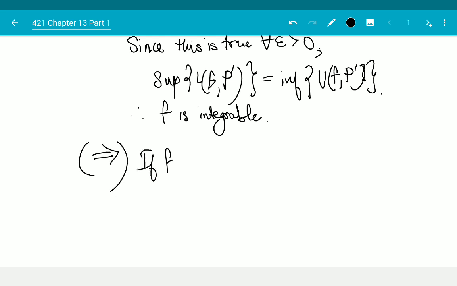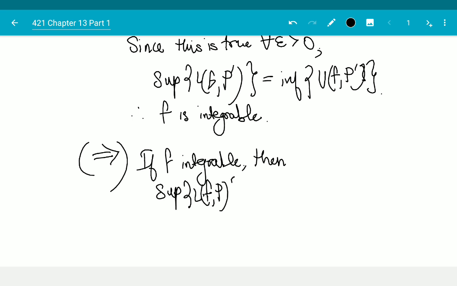If f is integrable, then the supremums are equal. Supremum of L of f comma P is equal to the infimum of U of f comma P', not P', just P, whatever, since I don't have such a partition right now.